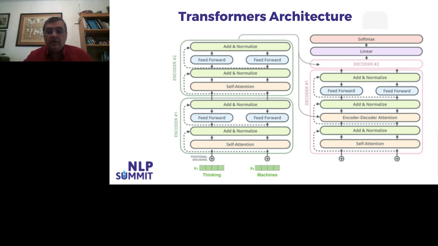Not only are you looking at a particular word, but you're looking at all the relationships between the different words in the sentence. Now for classification, we only need the encoder stack, but when you do have a decoder, you also have attention going across from the output of the encoder into the decoder.